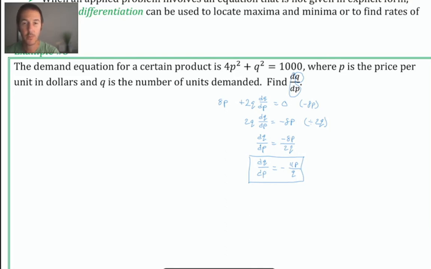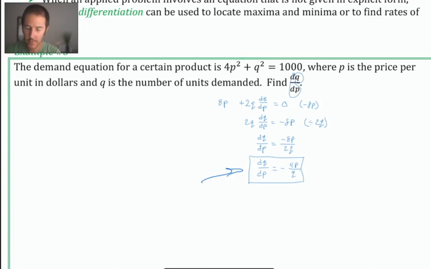And then you might be asked a follow-up question like, what is the rate of change when price is $20? If you were given a price, or a particular unit demand, a p value or a q value, and asked to evaluate this expression, you would take your q value, plug it into this equation, then solve for p.